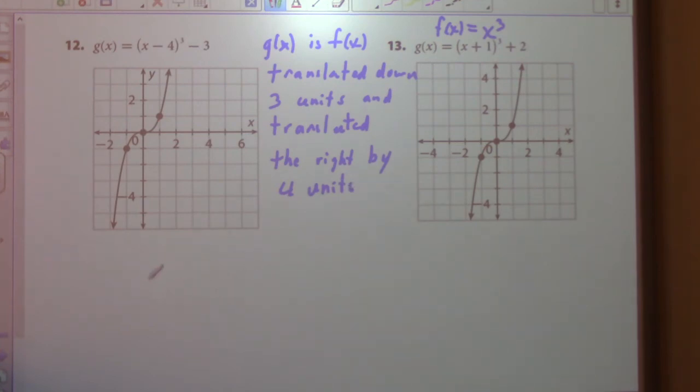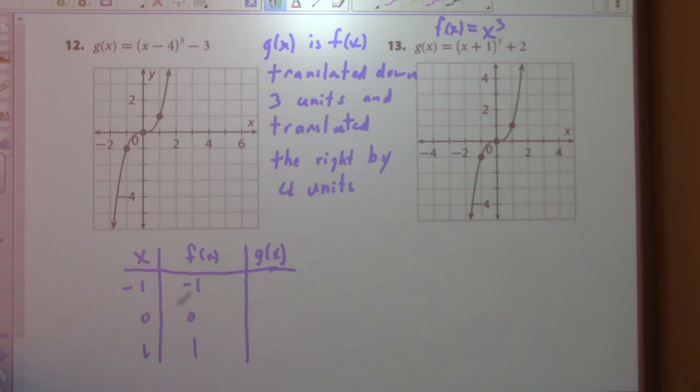So let's go ahead and make our transformation here. We're going to have x, f of x, and then g of x to help us sketch this. And we're going to use our reference points of -1, -1, 0, 0, and 1, 1.